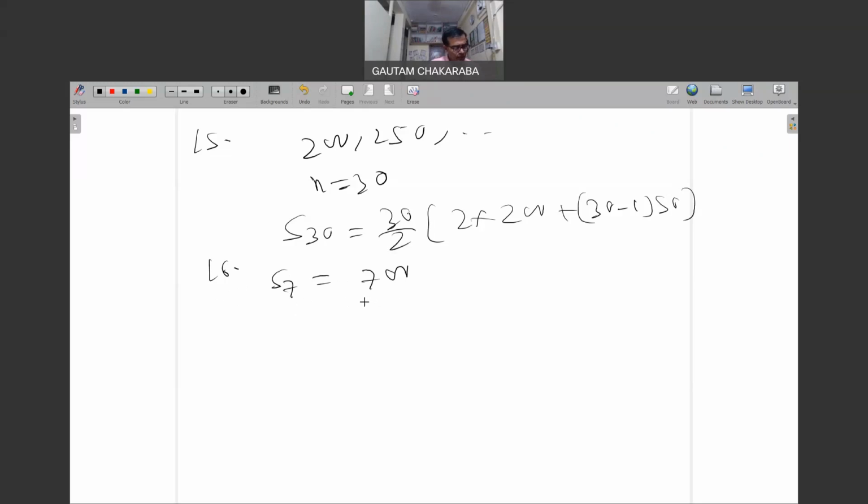If each prize is rupees 20 less than the preceding prize, the common difference is minus 20. Find the value of each of the prizes. That is very simple. S7 is given as 700.